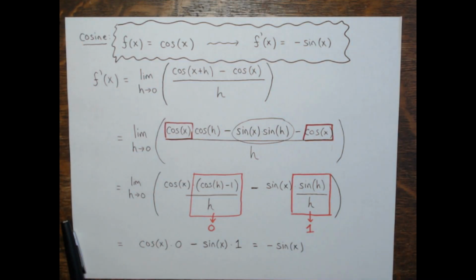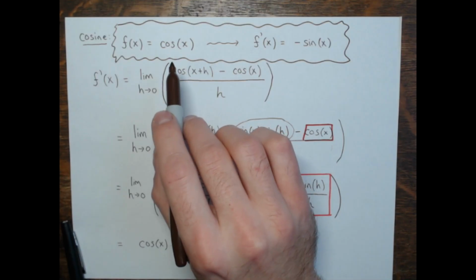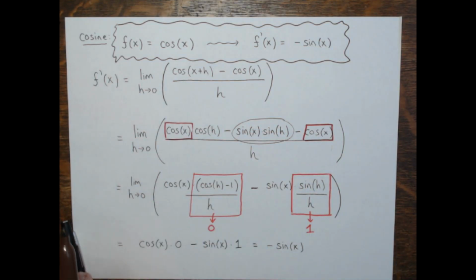Now, I did the limit definition of the derivative for the sine and cosine just now. And the derivative of sine is cosine. The derivative of cosine is the opposite, or negative sine. Once you know these two, you can use the quotient rule to help you find the derivatives of all the other ones.